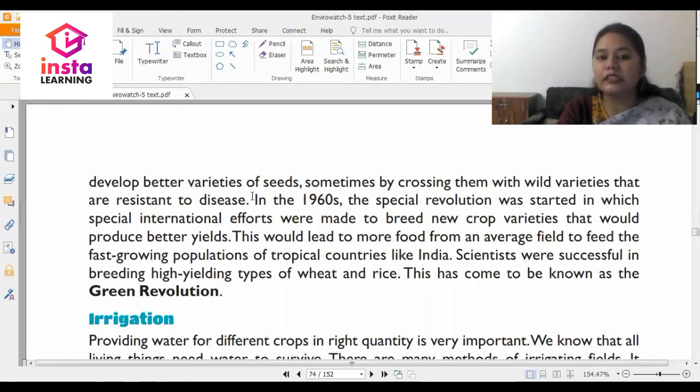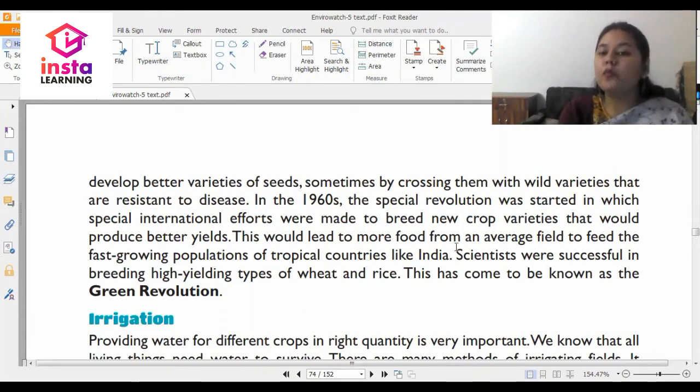In the 1960s, a revolution was started in which special international efforts were made to breed new crop varieties that would produce better yields and better products. Basically, an effort was made to have seeds that are produced in large numbers, and the quality is also very good.